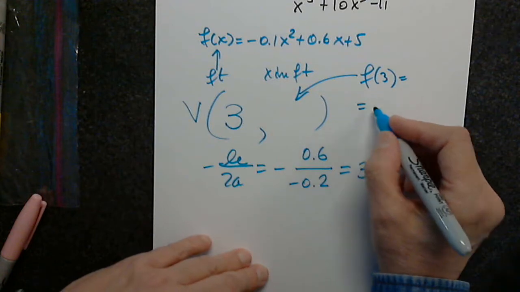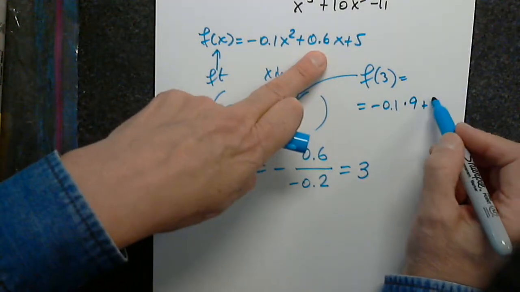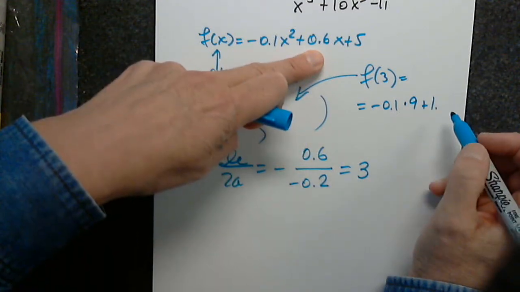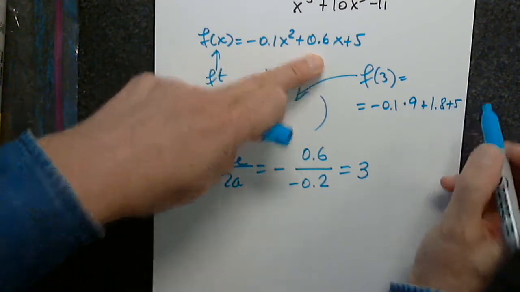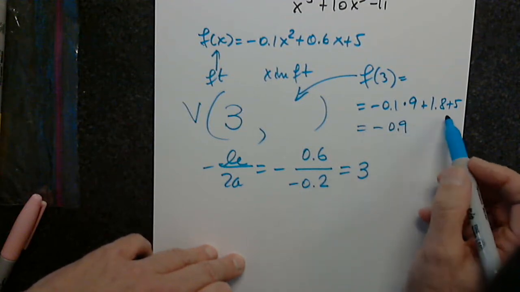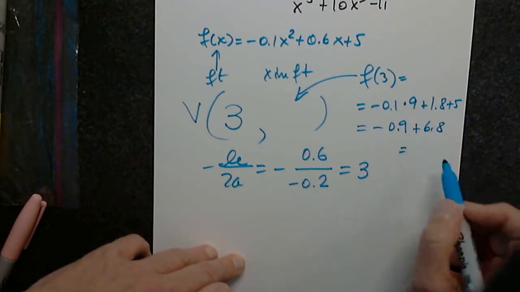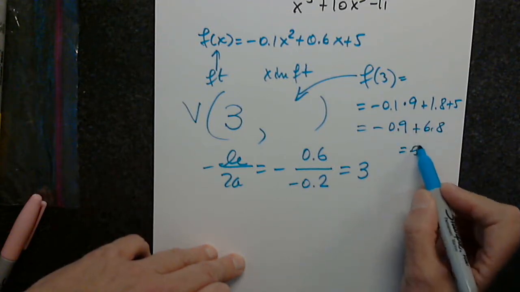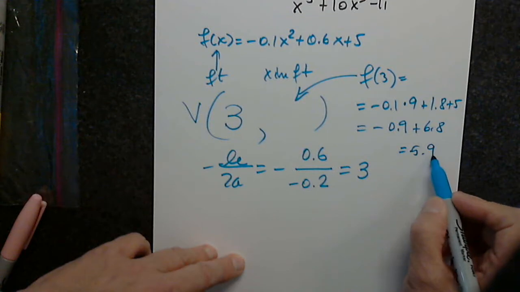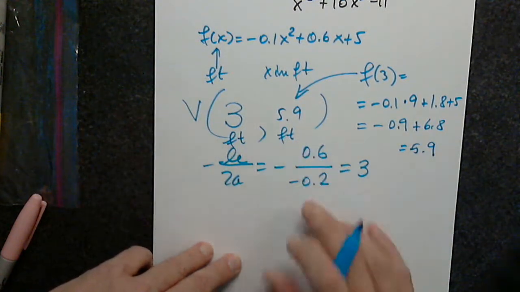So f of 3 is negative 0.1 times 9 plus 1.8 and plus 5. So negative 0.9 plus 6.8. So this will be 5.9. So this is 5.9 feet.